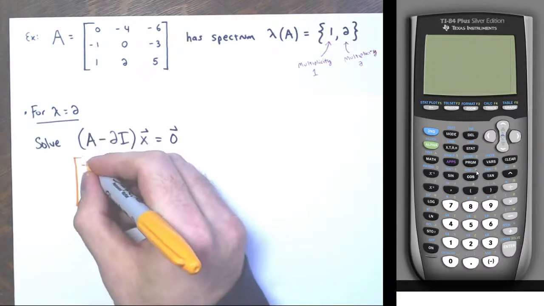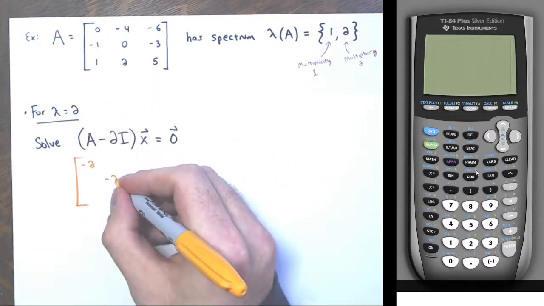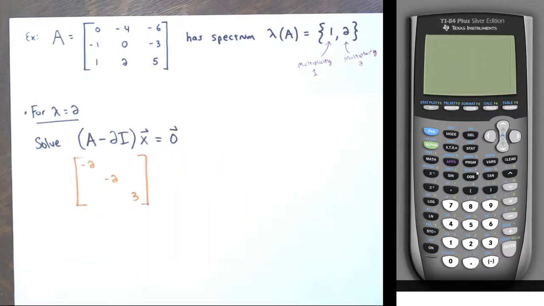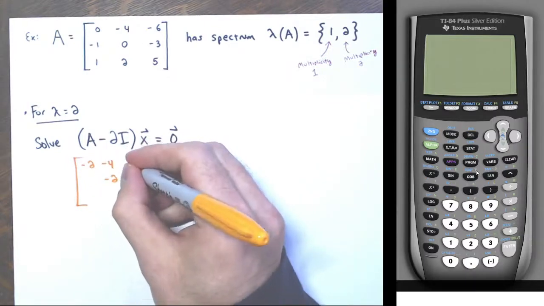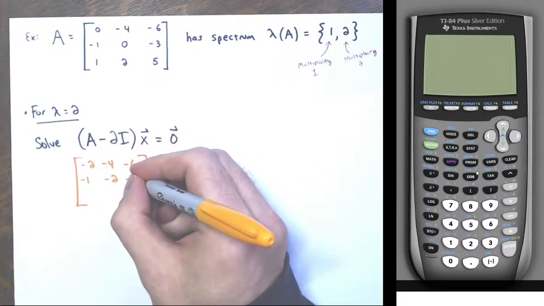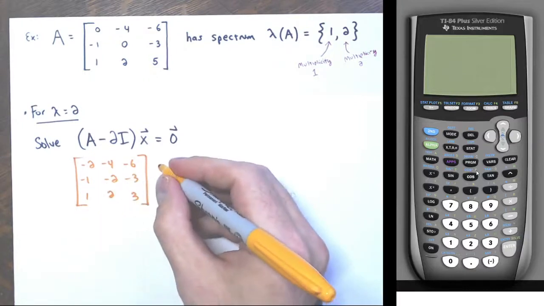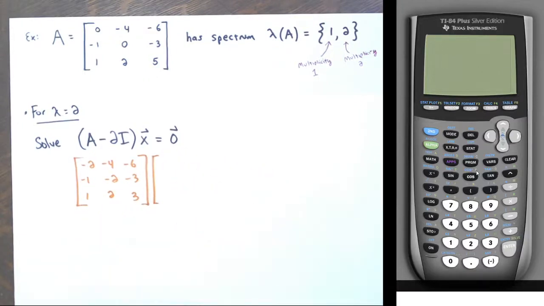So -2, 0 minus 2, 0 minus 2, 5 minus 2, and those 3 there. And then every other entry is the same. -4, -6, -1, -3, then 1 and 2. Times, and then, okay.